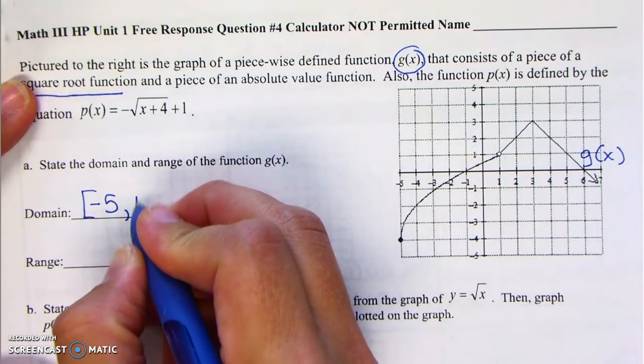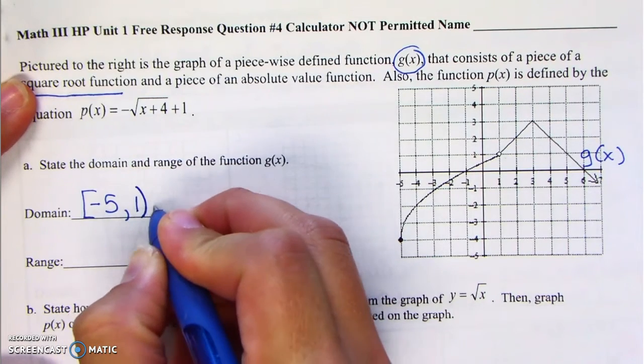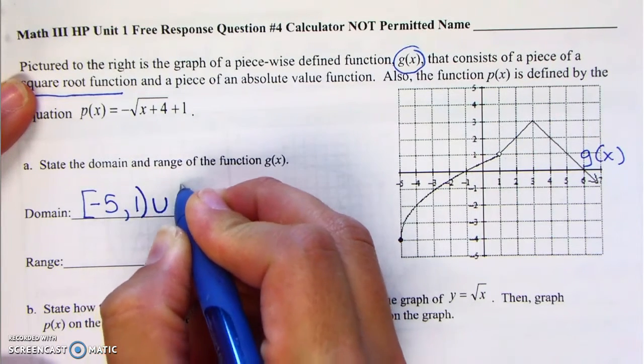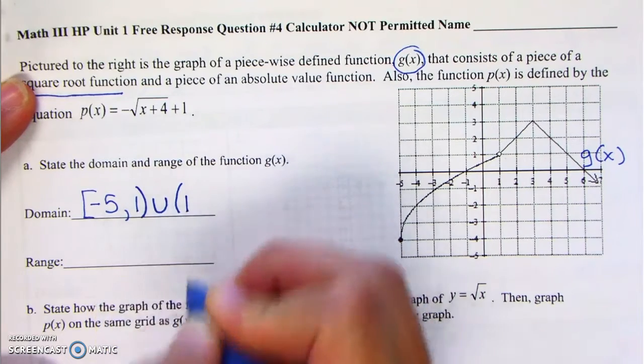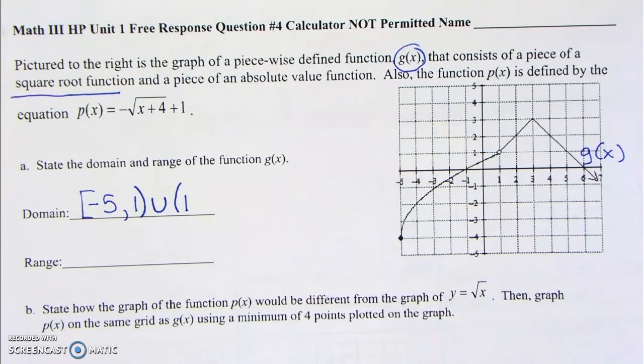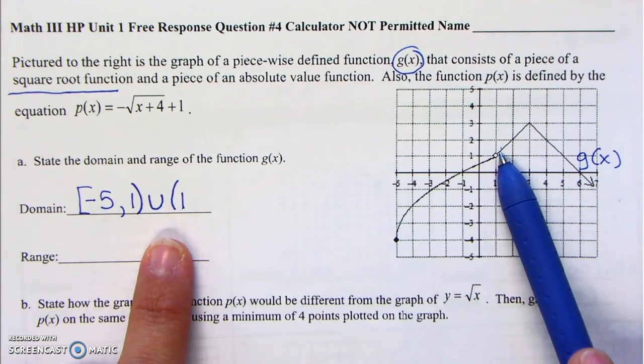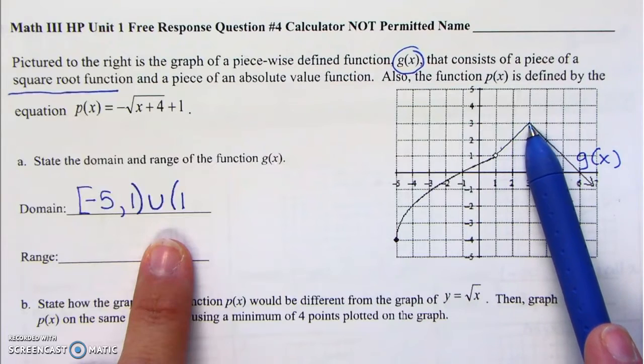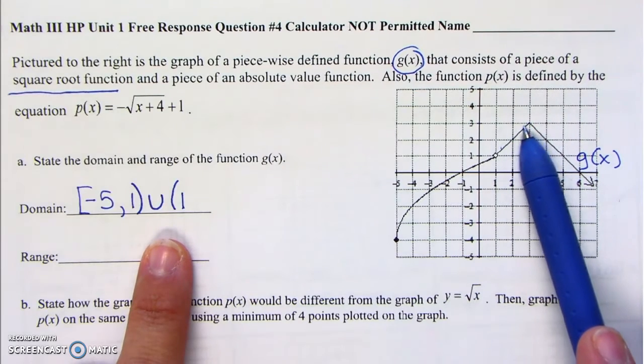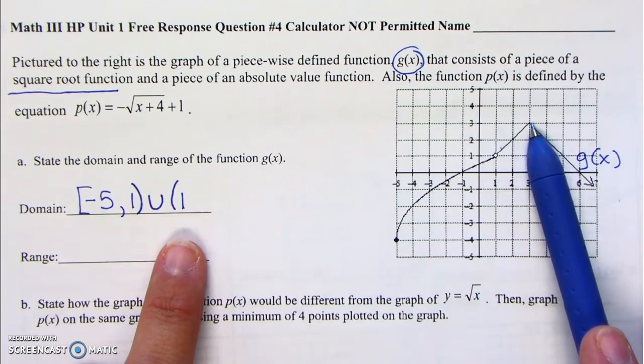We're going to close our interval off at 1, put our u, and then open it back up at 1. So what we did is we're jumping over 1. Okay, from 1, now I'm back on the graph and I see a y value, point. This is still a point here, it's just a turn, so there's still a domain. The domain is there a y value for each x value?